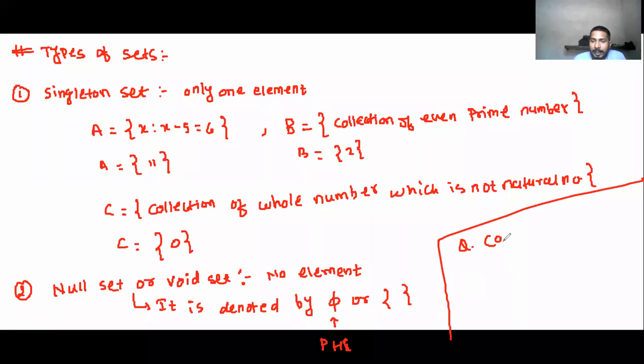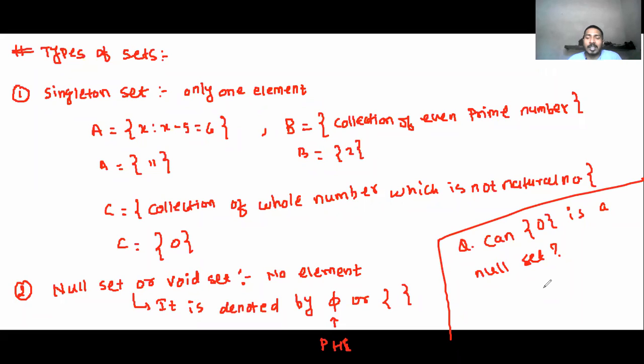Can this be a null set? Can we say that this is a null set or not? No, sir. It is not a null set. Why is it not a null set? Sir, because it has an element which is 0, and 0 is also a number.